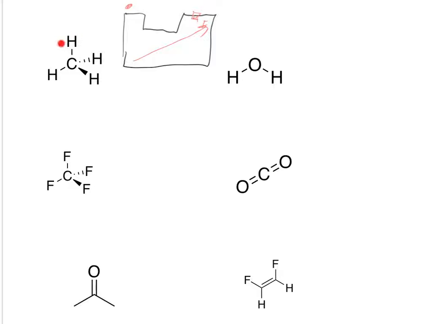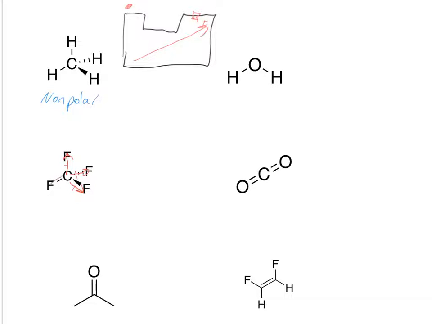Even if these atoms had been very polar, if they're all the exact same, spreading out, they essentially cancel each other out. So if we look at this molecule, we're going to say it's nonpolar. I'm going to go a little bit out of order, but if we look at the one just below it, each one of these bonds is very polar. Fluorine's very electronegative, so it's going to pull the electrons towards the fluorine.